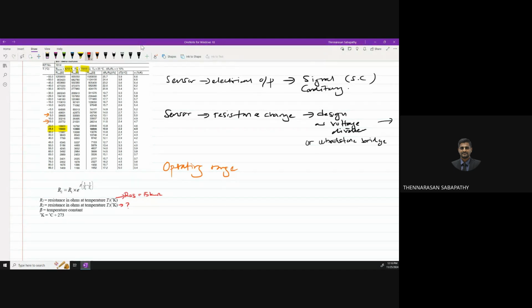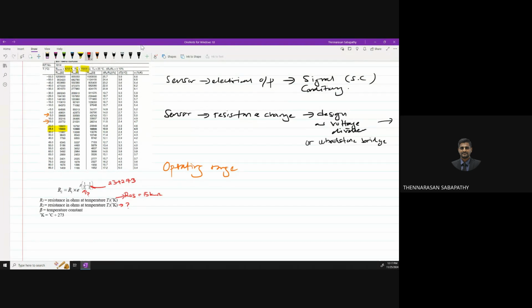T1 is 25 plus 273, because we need to convert the temperature into Kelvin, which is the room temperature. And this is the temperature that we want to find.